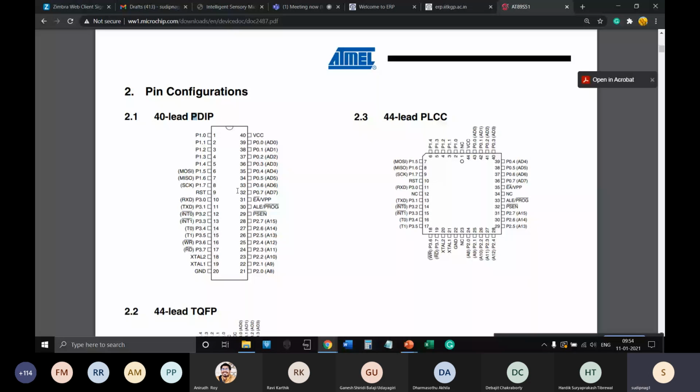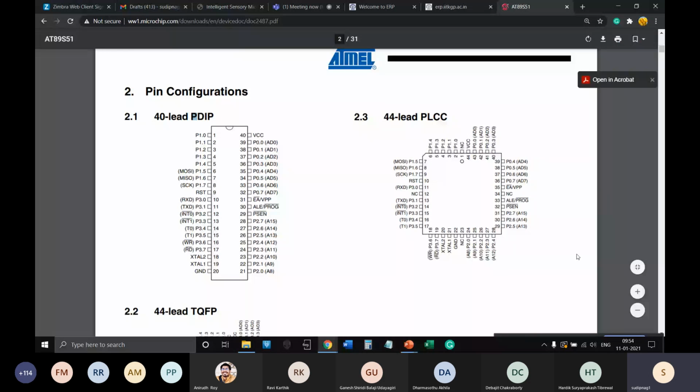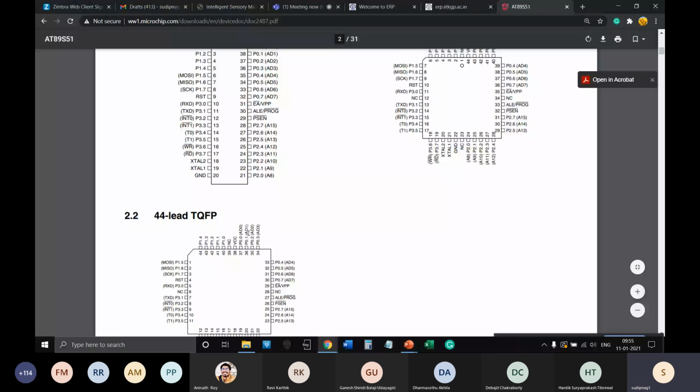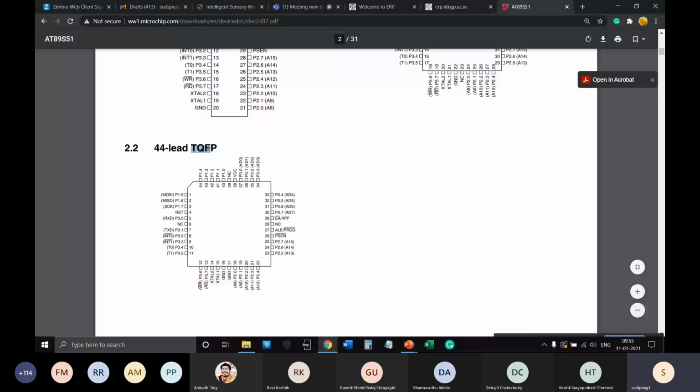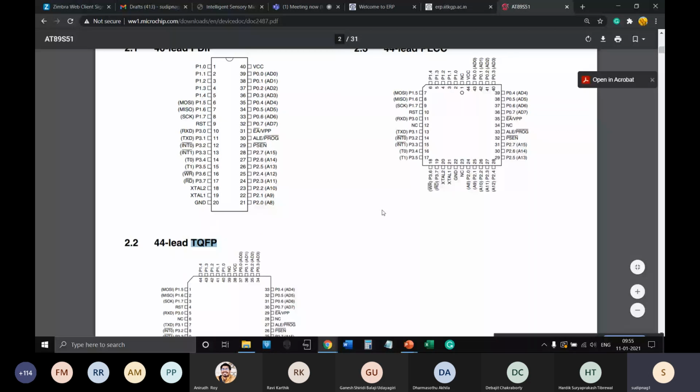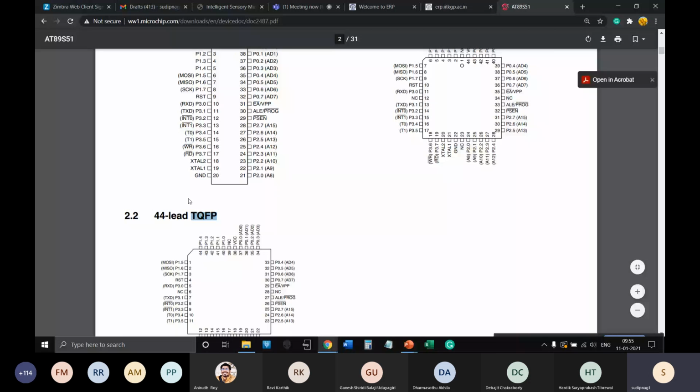Now there are different packages, like the plastic leaded chip carrier (PLCC), the 44-pin version, and also the thin quad flat pack packaging. This is the smallest among these three. Although 44 pins is there for PLCC, PLCC is a bit bulkier. TQFP is small, thin, quad, flat pack.